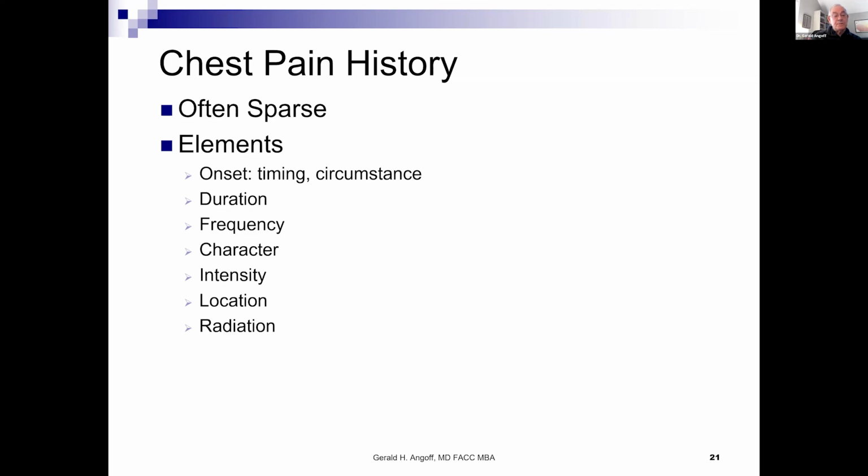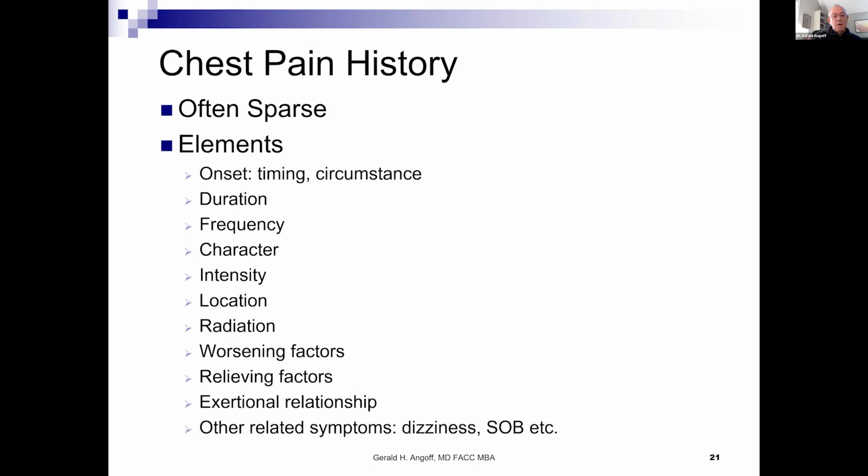What does it move towards or to? What factors might make it worse? What factors may provide relief? Is there an exertional relationship? Are there other related symptoms such as dizziness or shortness of breath?